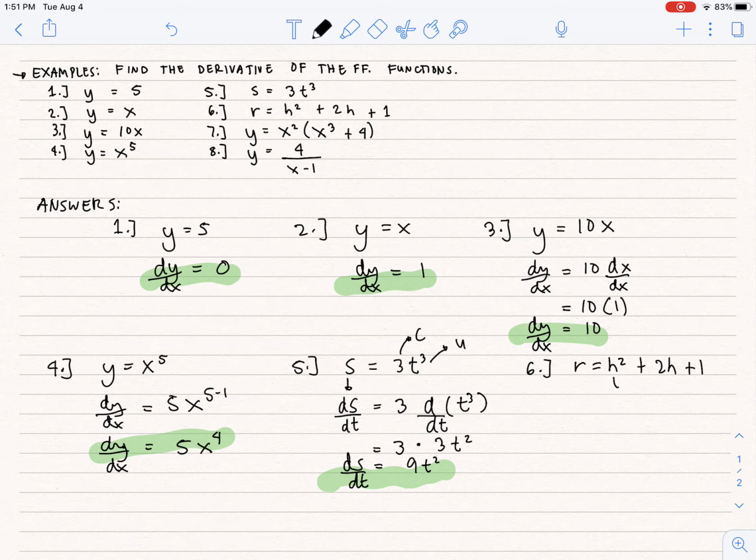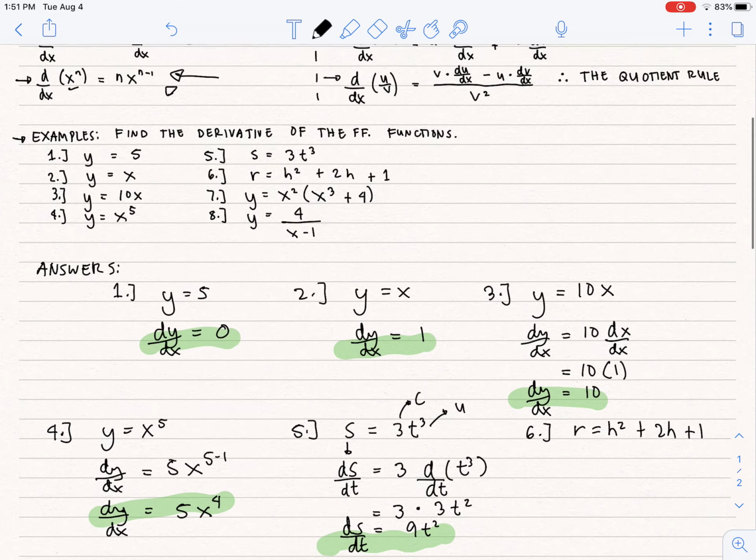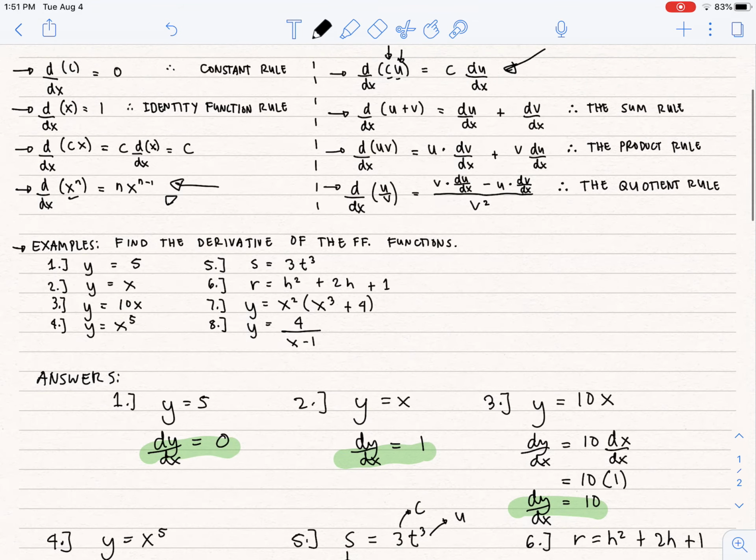So you may notice na naa siya plus sign. By that symbol, we are going to use the sum rule. So, di ba? U plus V plus blah blah blah something. Dili na siya limited sa U plus V. Napa na siya plus.